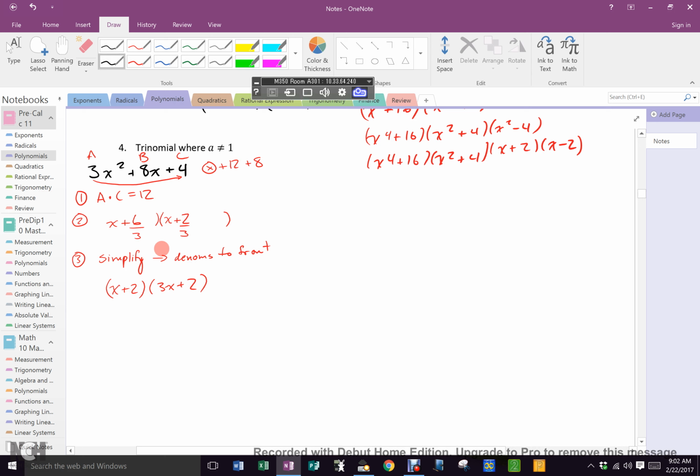Okay. Now, there's another way to do this, which I'm going to now do in black. You start with the same way. Step 1 is still A times C. Step 2 is still factors of A times C that add to B. Step 3 is we rewrite that.